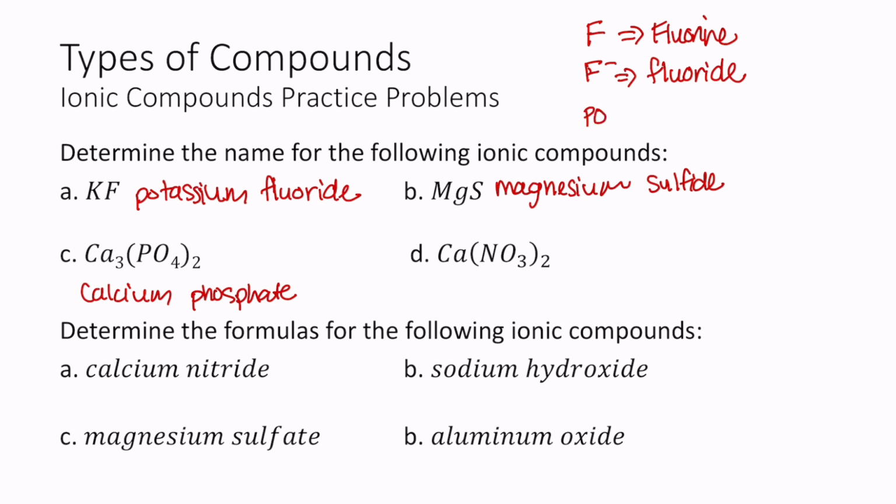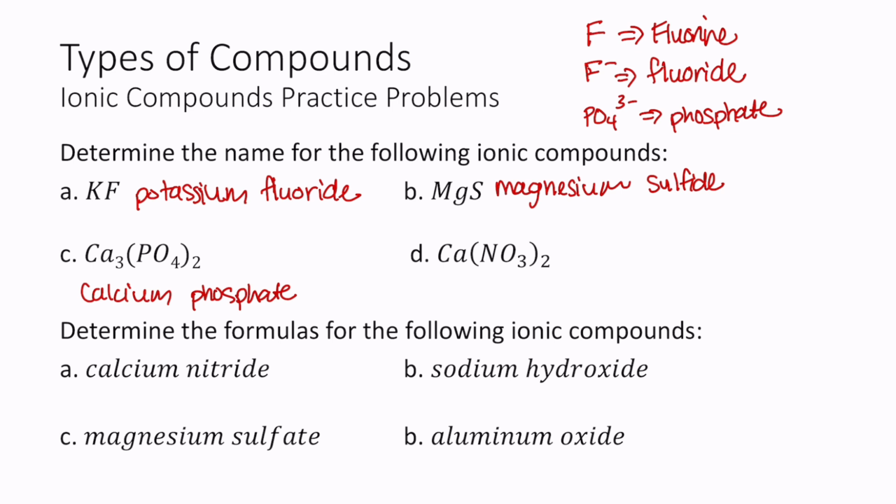The name of PO4 with a 3- charge is phosphate. So I can just put the name phosphate there. Notice that that phosphate still has a 3- charge. However, it's in a compound, so we don't write the charge anymore. We just write the ion. And those charges are being balanced through the chemical formula.